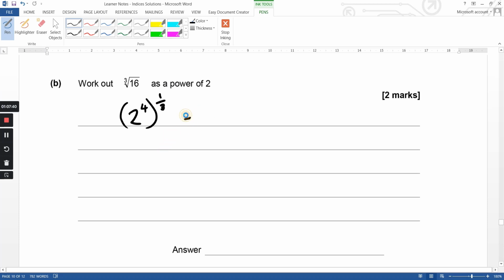And now I can multiply these two together. So 4 times a third, which is 2 to the power 4 over 3. There's my answer. I'm sure you guys might have done it slightly differently to me. You might have written it differently, but you should end up with the same answer. It's absolutely fine. 2 marks for that.